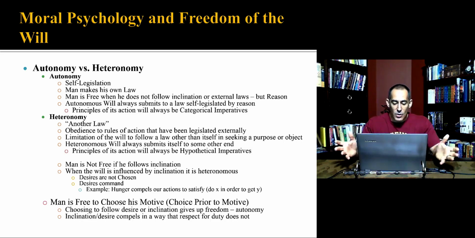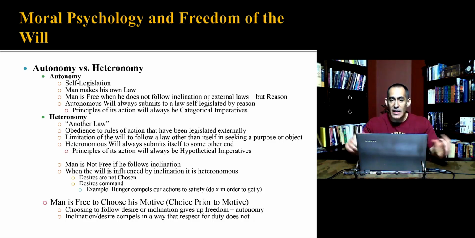And the limitation of the will to follow a law other than itself in seeking a purpose or object. The heteronomous will for Kant always submits itself to some other end. Okay. And the principle for its actions are a little bit different than the autonomous will. Autonomy is associated with the categorical imperative, where heteronomy is associated with what we might call hypothetical imperative.